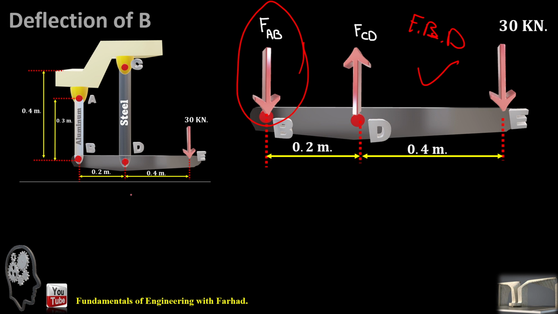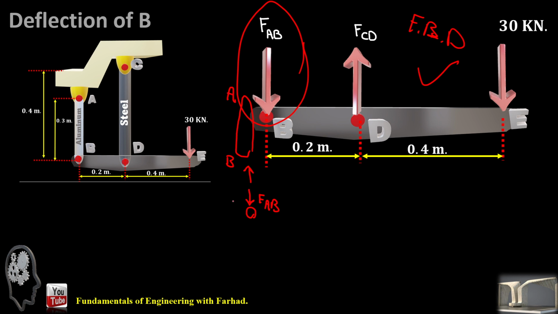So if that's the case, let's jump to point B over here. If there is a pin over here and there is a compression force like FAB, the same kind of force is applied to the member BA or AB.